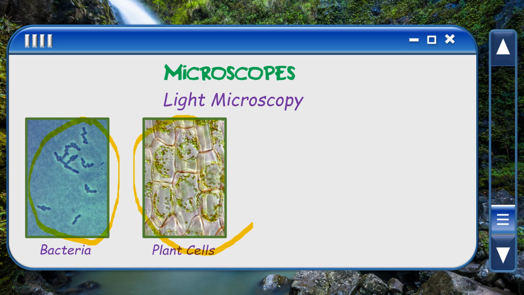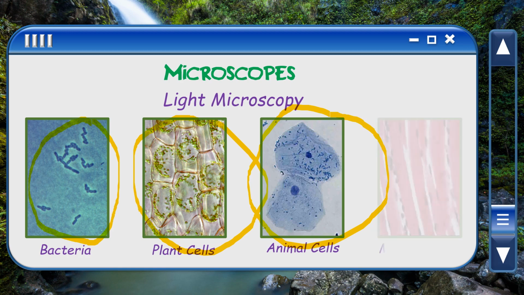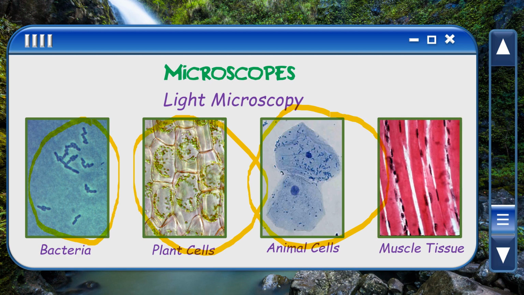The same applies to the animal cell. And even muscle tissues can be seen, but we still cannot see clearly the organelles inside, because the light microscope has a low resolution and low magnification.